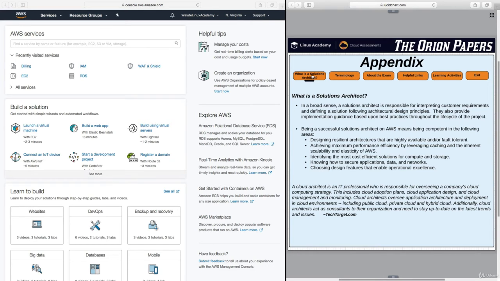Cloud architects oversee application architecture and deployment in cloud environments, including public cloud, private cloud, and hybrid cloud. Additionally, cloud architects act as consultants to their organization and need to stay up to date on the latest trends and issues.